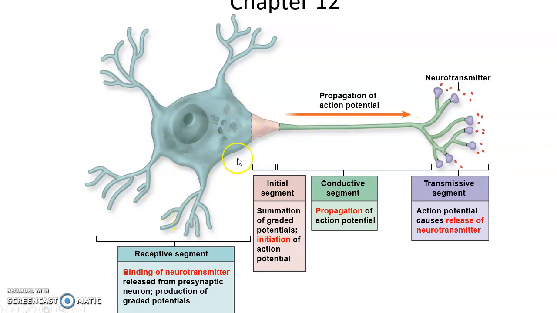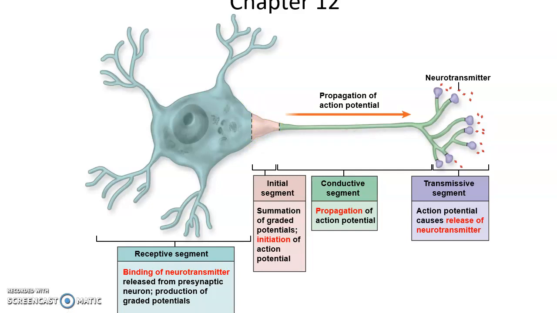So we have different regions of the neuron where different things can happen depending on the ions and the opening and closing of various channels and pumps. Again, the receptive segments have neurotransmitters binding to receptors, causing chemically gated ion channels to open. If this causes threshold to be reached at the axon hillock, the initial segment, then we get the opening of voltage-gated sodium ion channels.